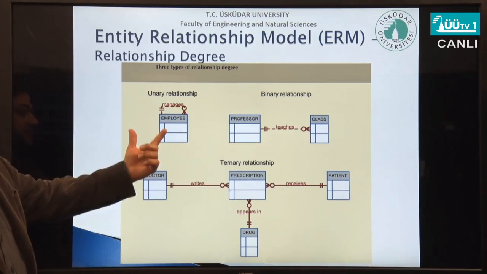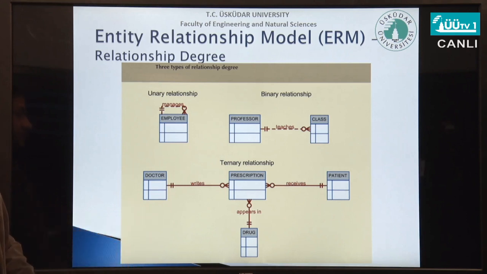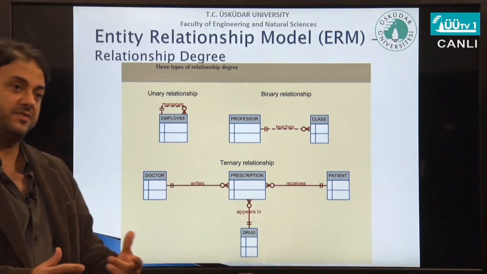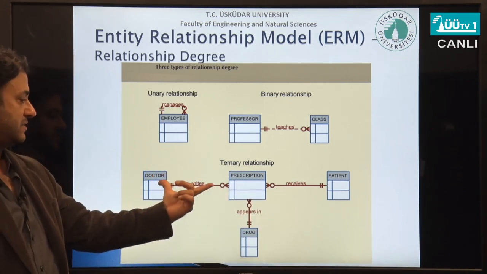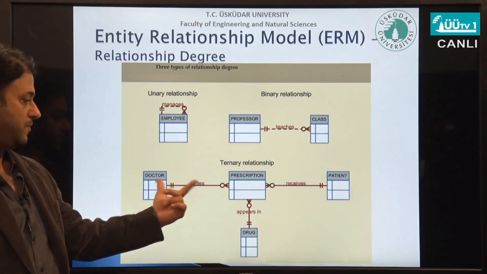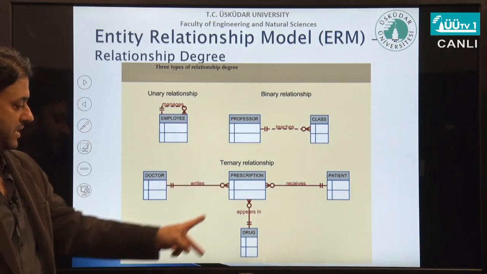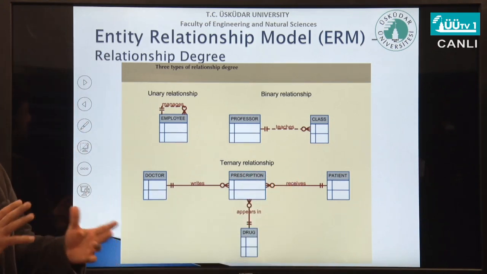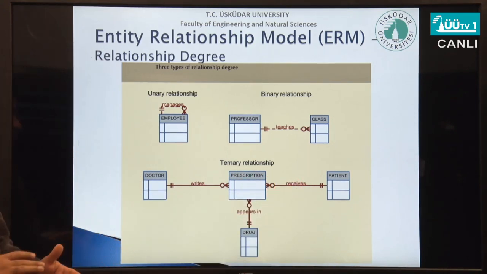Now let's see the last one, the ternary relationship. A ternary relationship means we have a certain entity that is related to multiple entities. But if you look at this, you can find that this is just a binary relationship, and this is another binary relationship, and this is another binary relationship. So we can look at it from this perspective instead of the other perspective that is a real ternary.